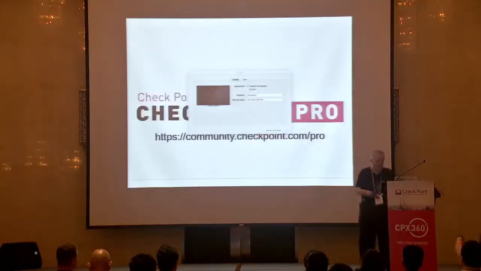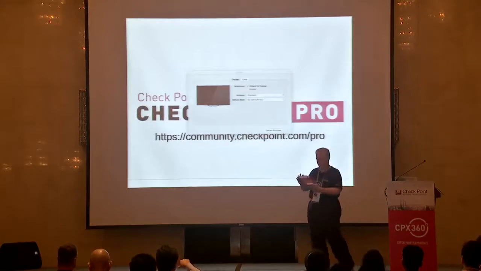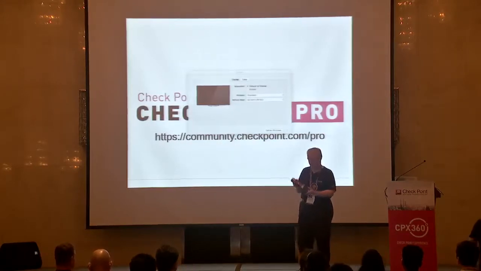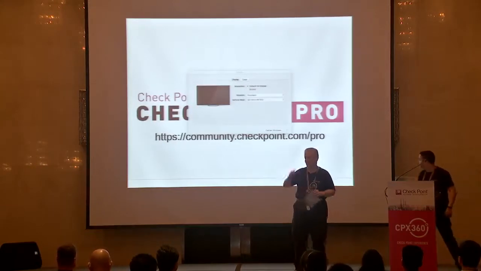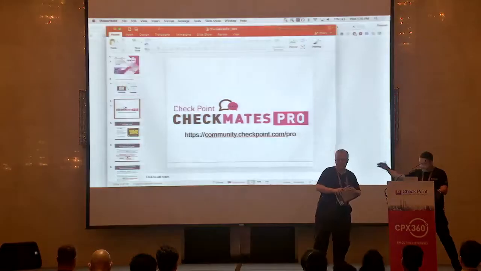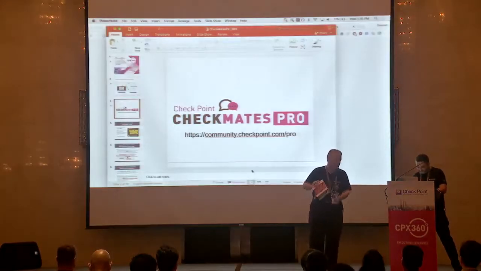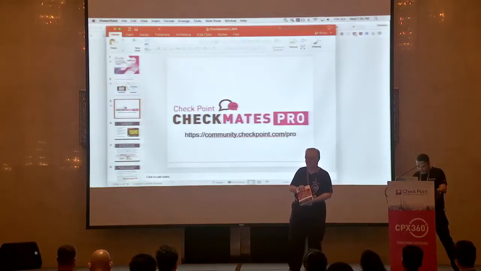I am going to mention something else here about CheckMates, but I want to show off the book here. This is Tim Hall's book, and it's actually got a lot of stuff in here about performance optimization. He's very active on CheckMates. It's a great book. It's worth getting if you have to troubleshoot performance.